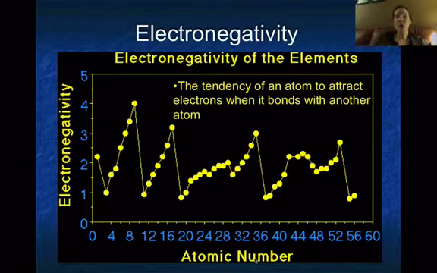This trend looks very similar to ionization energy, with fewer discrepancies, which is fine. Just like ionization energy, the first line on this graph is your period 2.